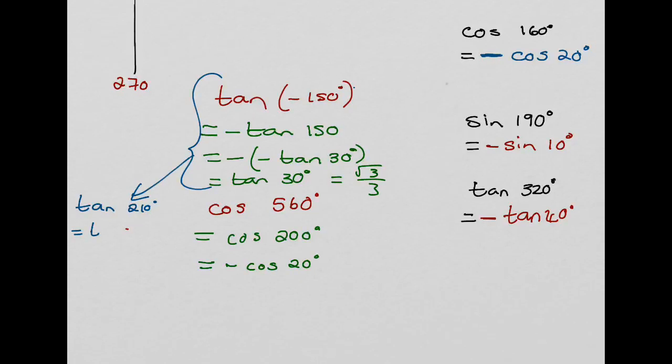So we end up with positive tan of 30 degrees, which is root 3 over 3, which is the same answer. So it's a slightly different spin. So you don't have to do it using the negative angle. You can add 360 to it. So if it's negative, you add 360 to get onto the cast diagram. If it's bigger than 360, you can subtract 360 as many times as you need until you get onto the cast diagram.